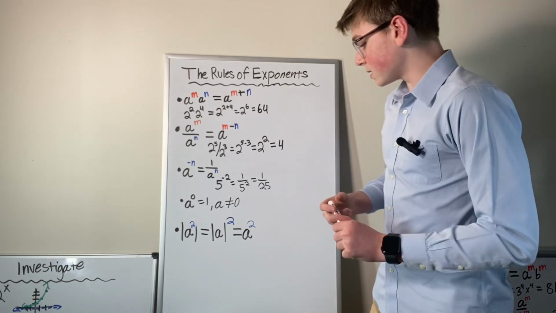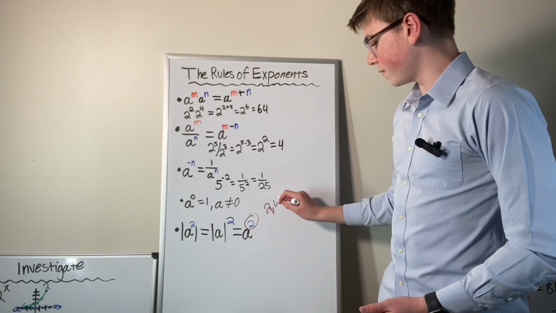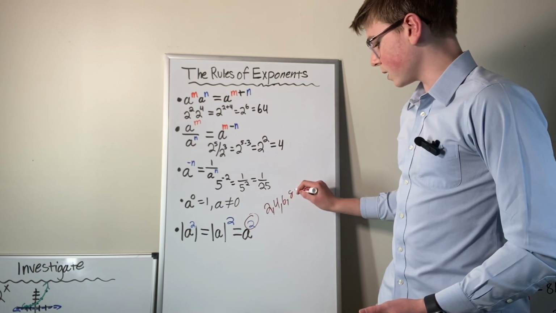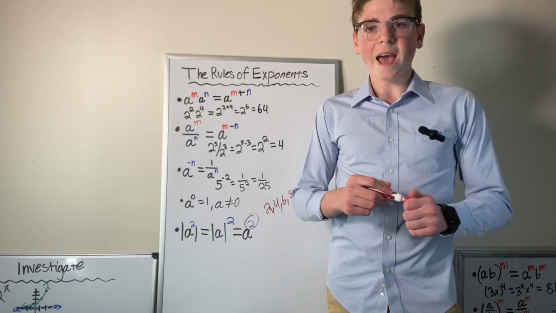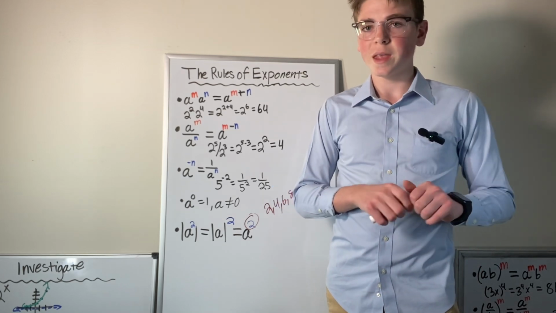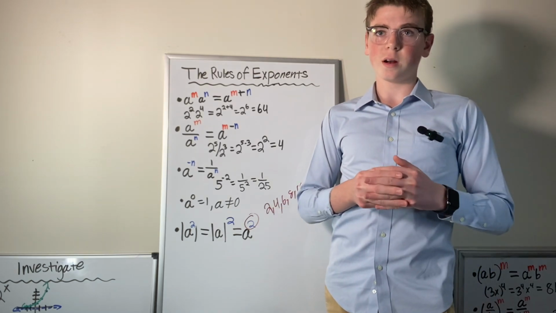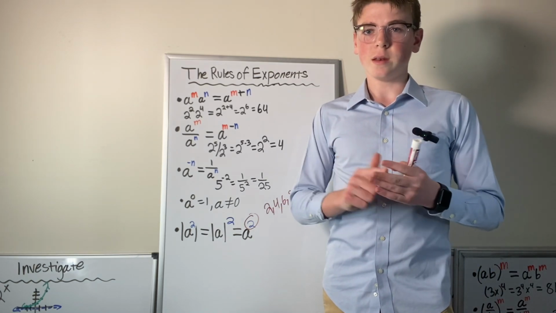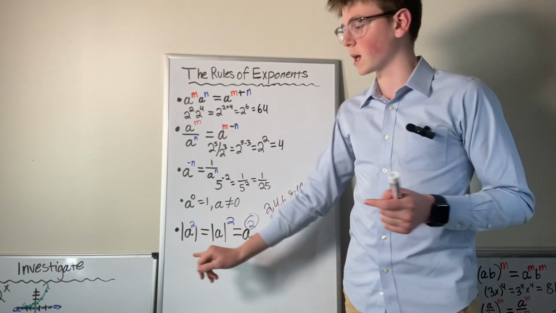But this exponent could be 2, 4, 6, 8, 10. Doesn't really matter what it is, but it has to be even, because if it's odd, if it's to the 3rd, negative 3 to the 3rd is negative 3, 9, negative 27. That's negative, and an absolute value here would not give you a negative.